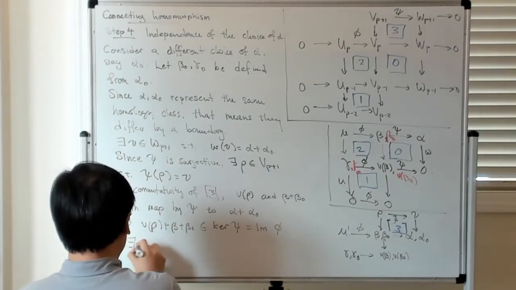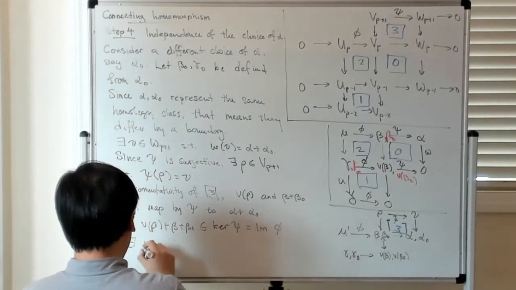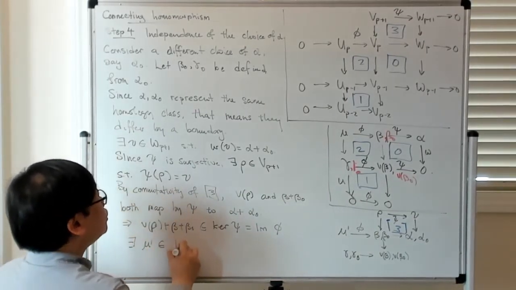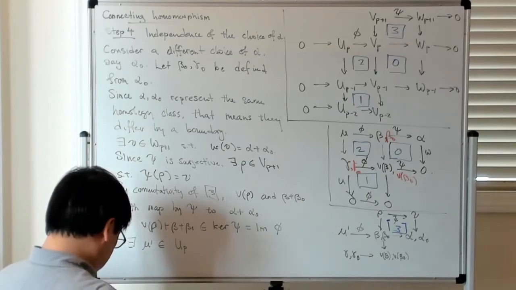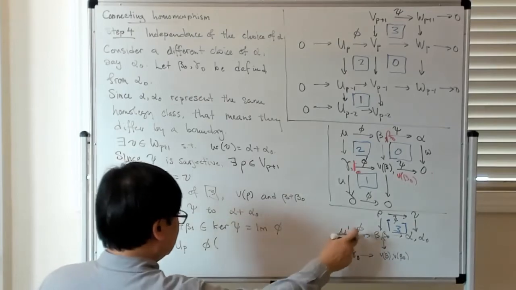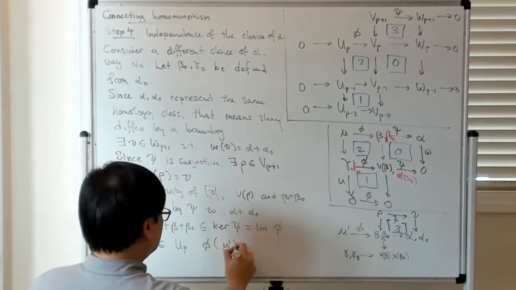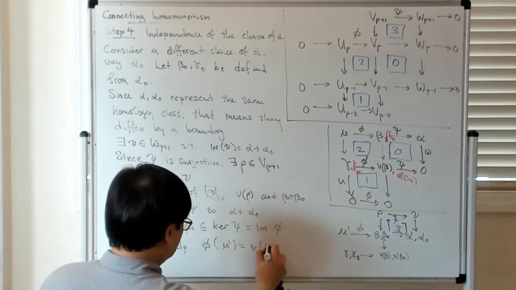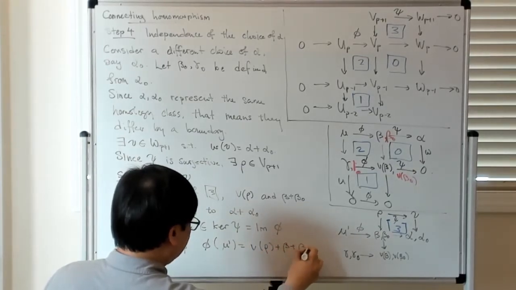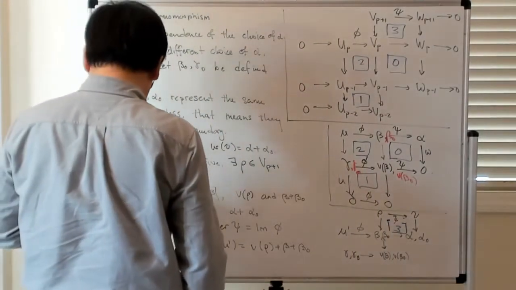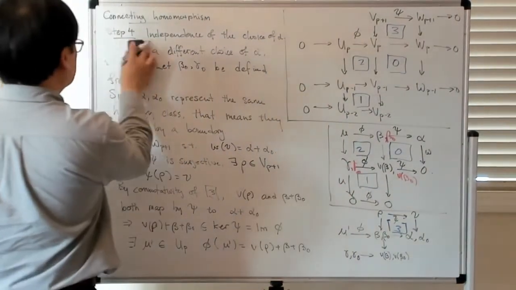So there exists a mu prime in U P with the property that its image under phi is equal to V of rho plus beta 0.